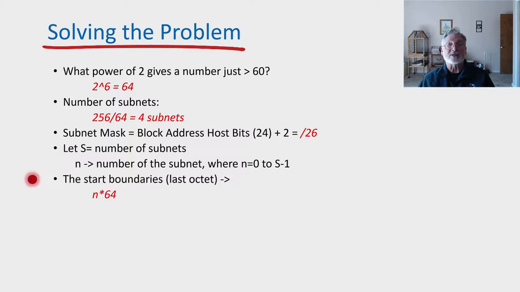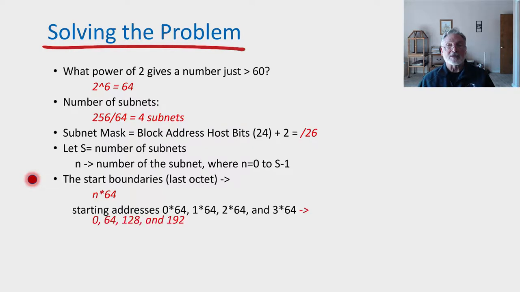The start boundaries are just n times the number of possible addresses in the subnet, or n times 64 in this problem. So the starting addresses are 0 times 64, 1 times 64, 2 times 64, and 3 times 64, or 0, 64, 128, and 192.